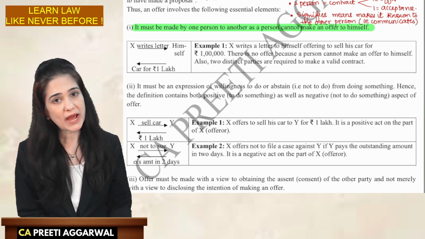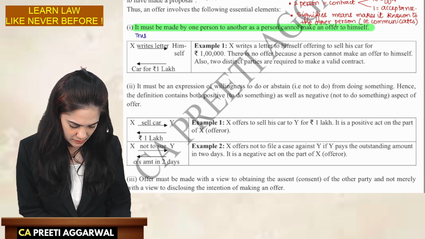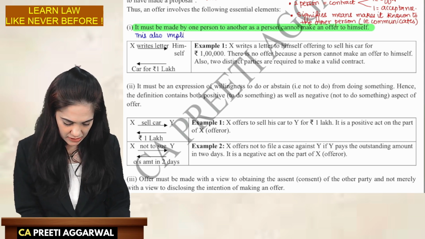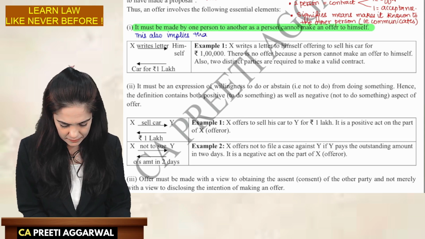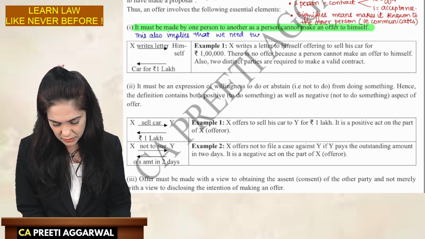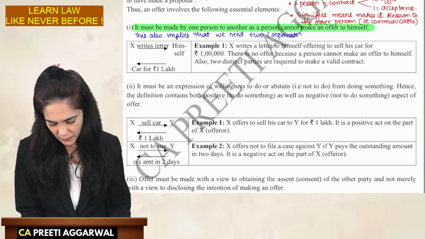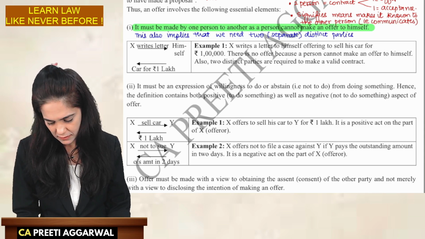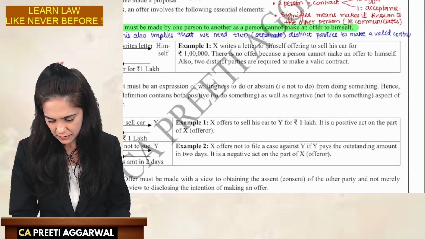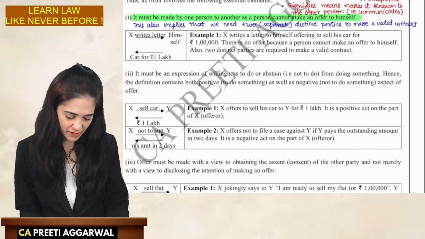So this also implies, you can add over here, this is an interpretation, this also implies that we need two separate or distinct parties to make a valid contract.